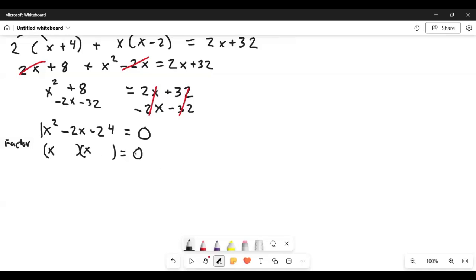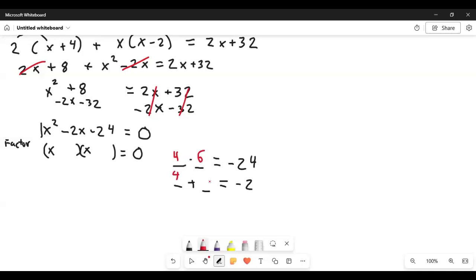And to find what numbers go in those parentheses, you solve the number puzzle by finding two numbers that multiply to equal the negative 24 and add up to equal the number in the middle, the negative 2. The numbers that multiply to negative 24 that also add up to negative 2 are a 4 and a 6.